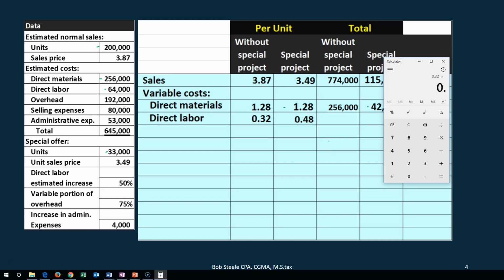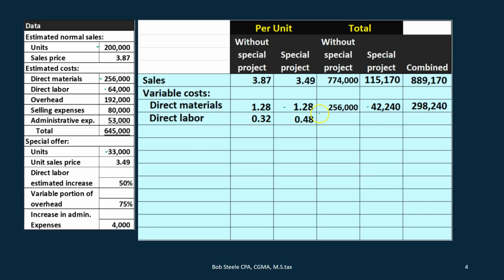Times the 0.5, and that's going to equal the 0.16 that we need to add to it, plus the 0.32, and that's going to give us the 0.48 here. Or we could do that a bit quicker by saying it's the 0.32 times time and a half, which is 150%, 1.5, and that'll jump us right to the 0.48. So that's going to be that analysis there.